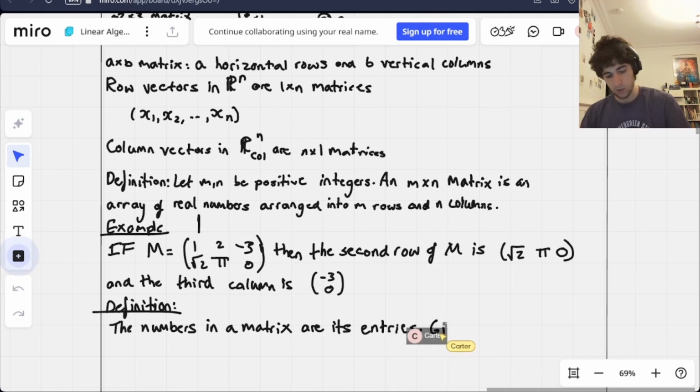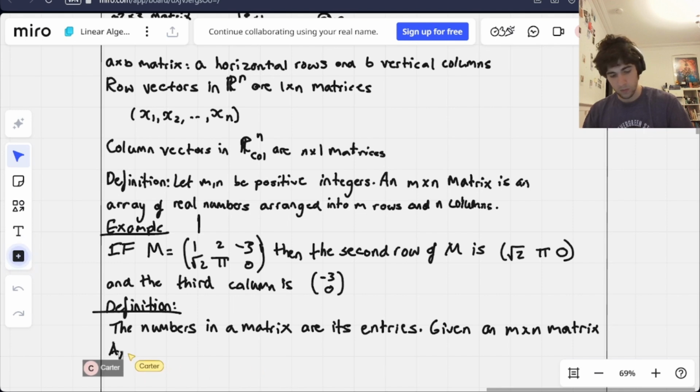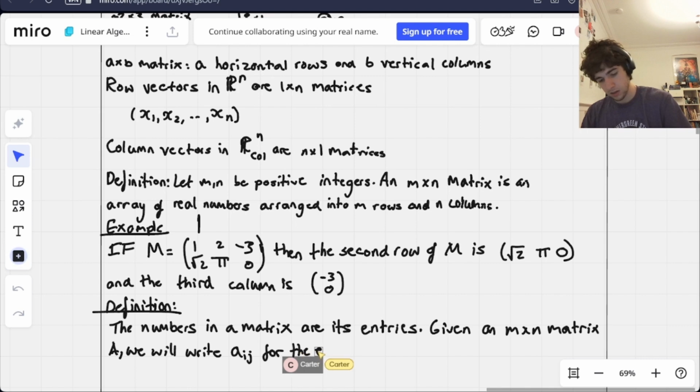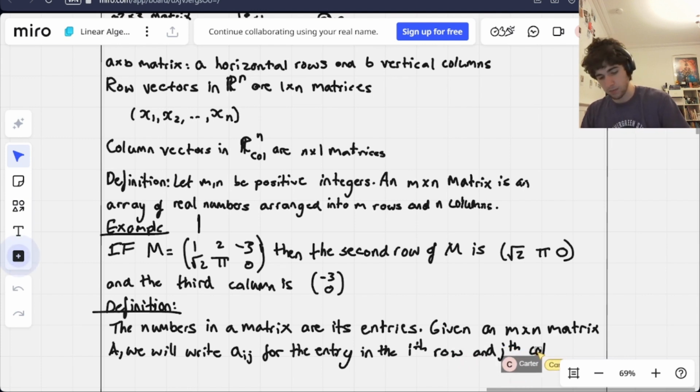So given an m by n matrix, call it capital A, we will write lowercase a_ij for the entry in the ith row and the jth column, right?